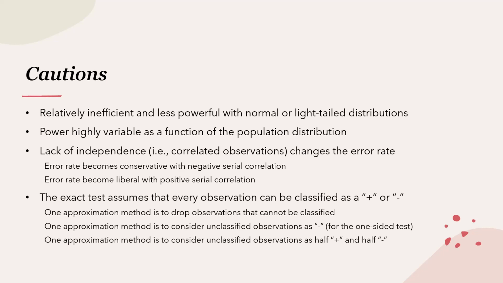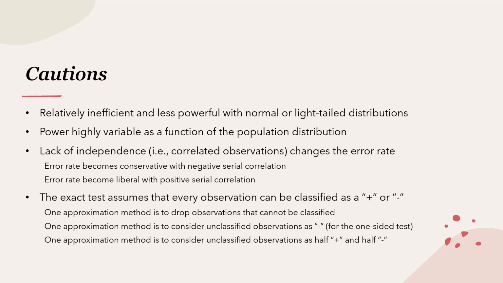And a final approximation method is to consider unclassified observations as half positive and half negative. Now, if you only have one of these unclassified observations, this isn't going to change the test at all. As you know, when we look at the binomial probability distribution table, we are going in increments of 1 when we consider the number of successes.